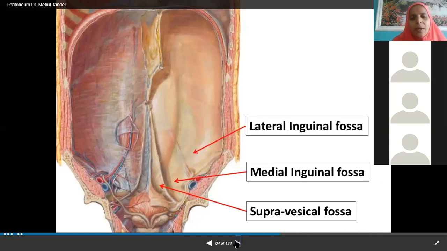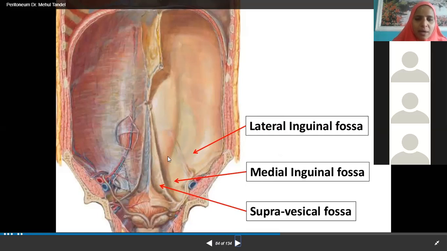So now see here, between the median umbilical ligament and medial umbilical ligament, it is above the urinary bladder. That's why you call it supravesical fossa. This side also, we use the word supravesical fossa. Now, between the medial umbilical ligament and lateral umbilical ligament, we call the name of this fossa as medial inguinal fossa.